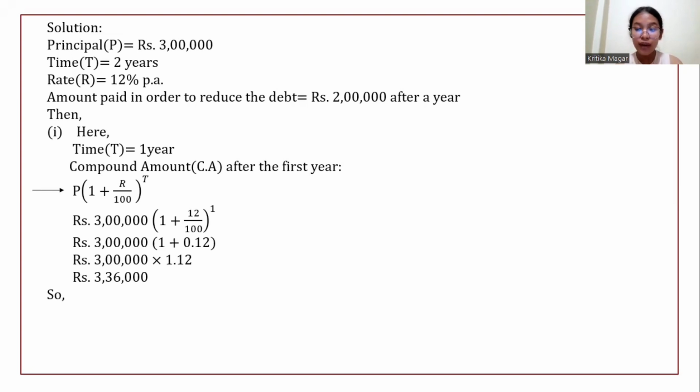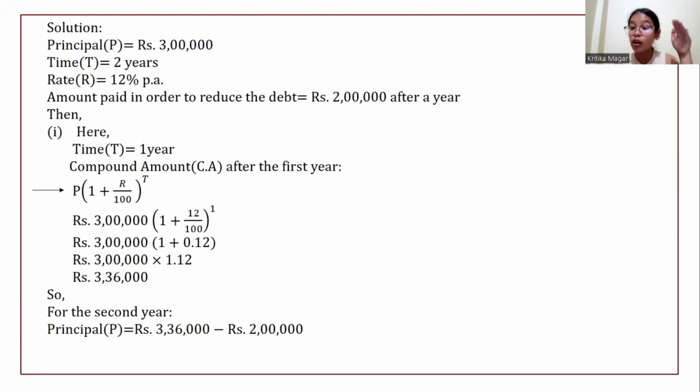Then we have to find her compound interest for the second year. For the second year, the principal will be rupees 3 lakh 36,000 minus rupees 2 lakh. The 2 lakh is subtracted from 3 lakh 36,000 because according to our question, she paid 2 lakh in order to reduce her debt.